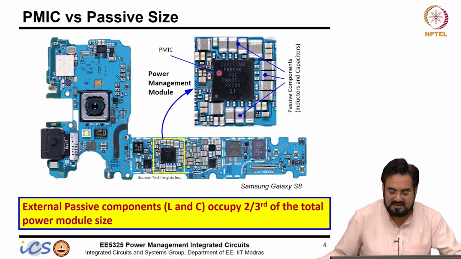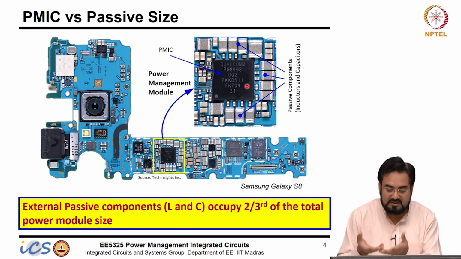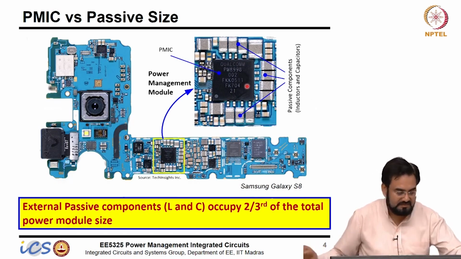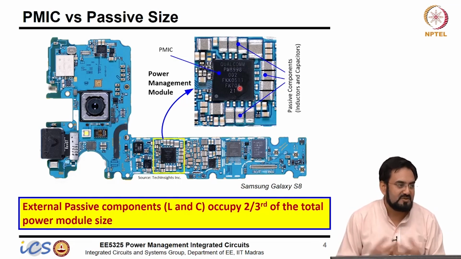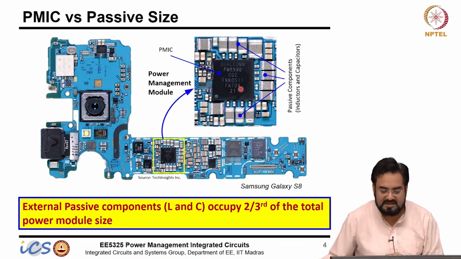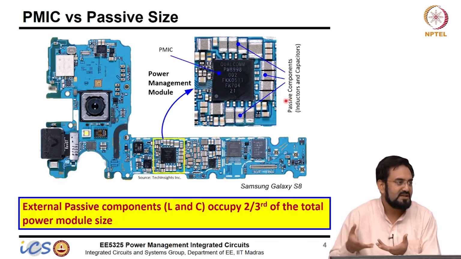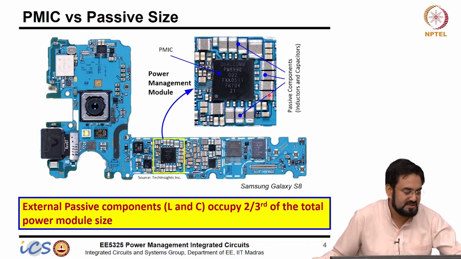Which means this chip is not limiting your module size, but it's the passive components which are limiting your module size, mainly because we are using a WLP package. So the chip size is very small. Which means our target should be to reduce these passive components, not to reduce the die size further, because we won't get any benefit. Even if I make it 0, still almost 65 to 70% will be occupied by the passive components. So it will not help much in that case.